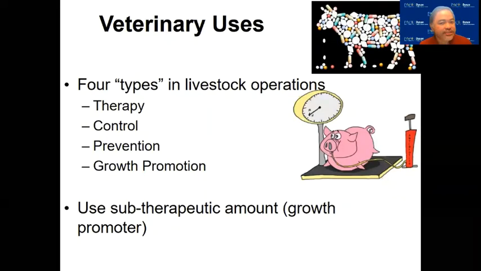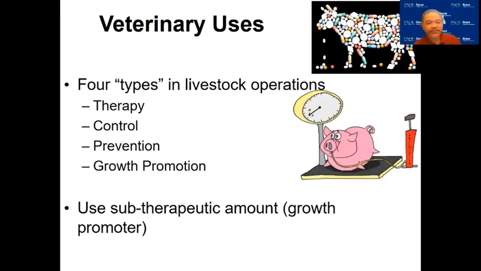For veterinary uses, we could say there are four types of antibiotic use in livestock operations. The first has to do with therapeutic purposes, antibiotics for treatment of clinical diseases. They're also used for control, where antibiotics are administered to a herd or flock in which morbidity or mortality has exceeded the baseline norm.